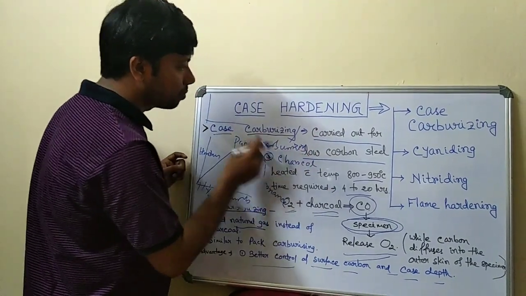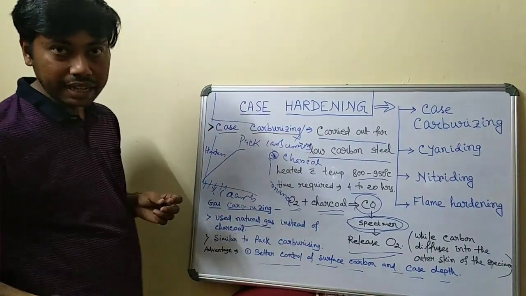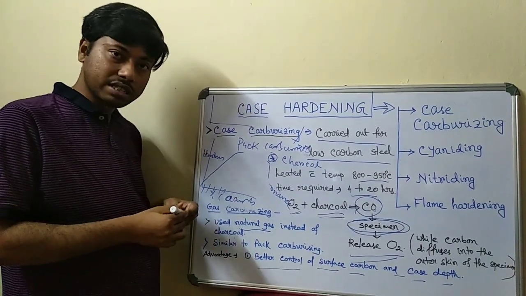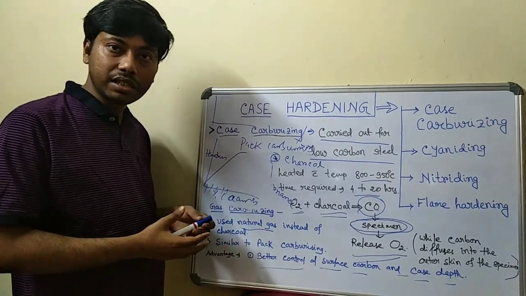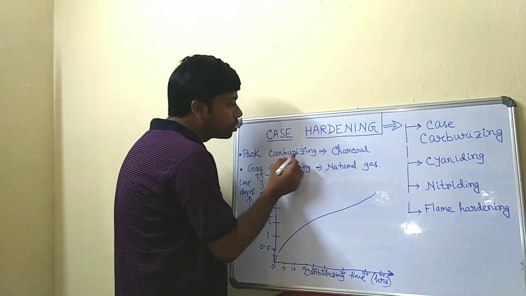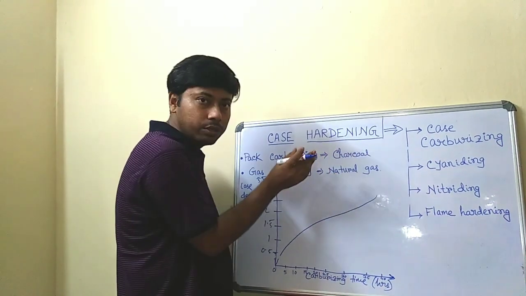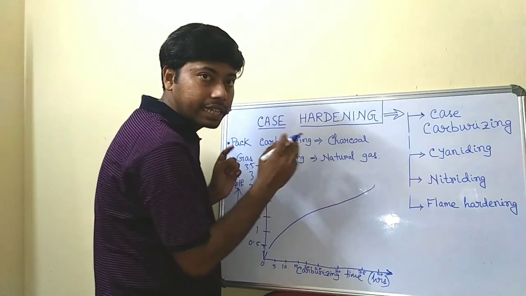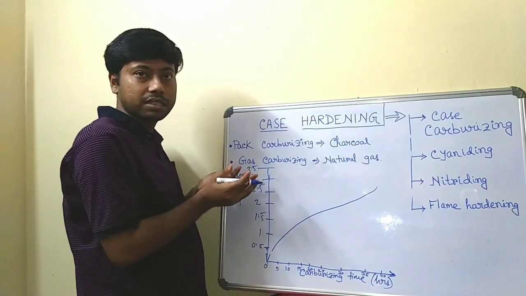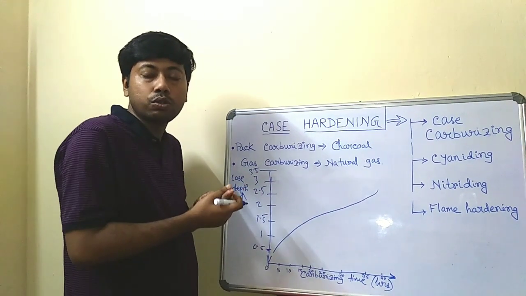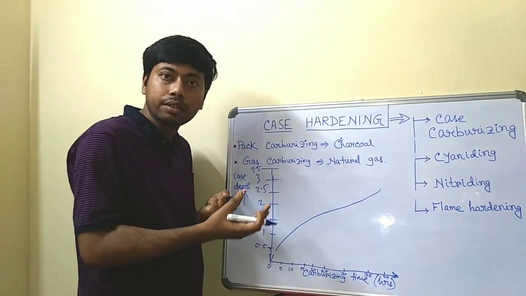So when you use charcoal, that is sometimes also called pack carbonizing, and when you use natural gas for the carbonizing process instead of charcoal, that is called gas carbonizing. Okay. So in pack carbonizing, the main element used is charcoal, and in gas carbonizing, it is natural gas. So in case carbonizing, there are two main ways you can improve the mechanical properties of material by heat treatment process.